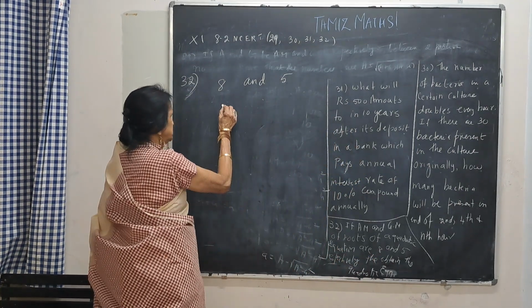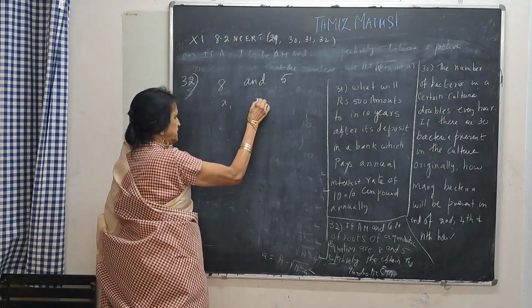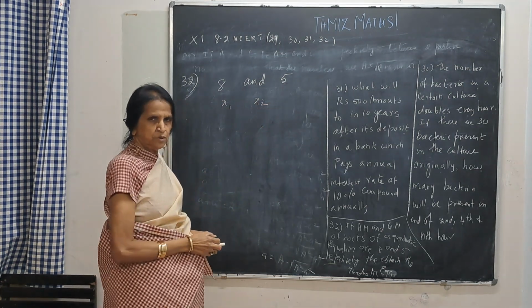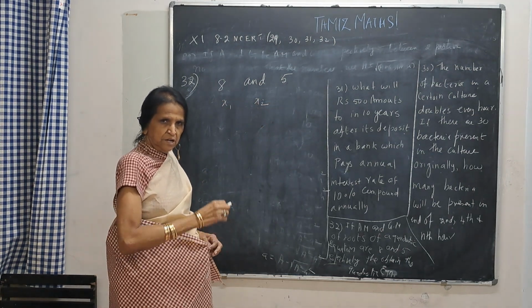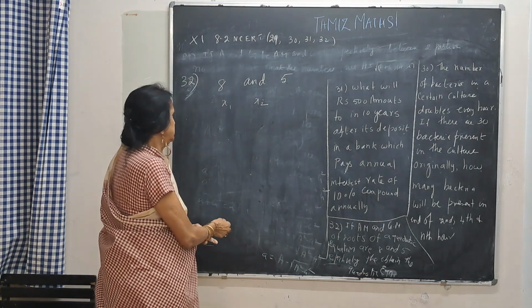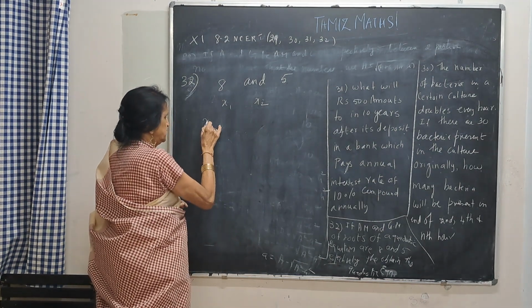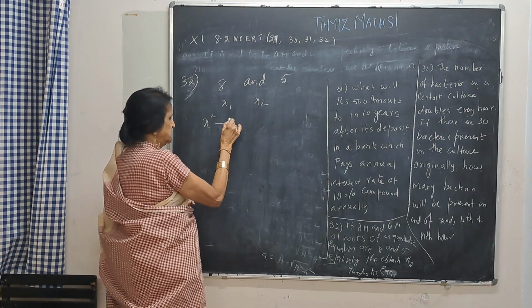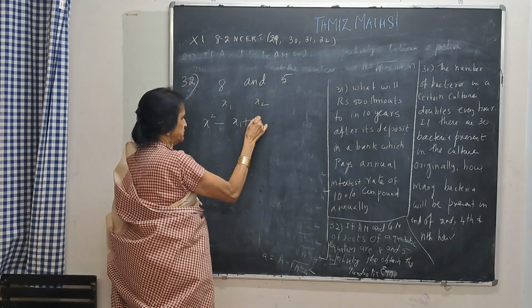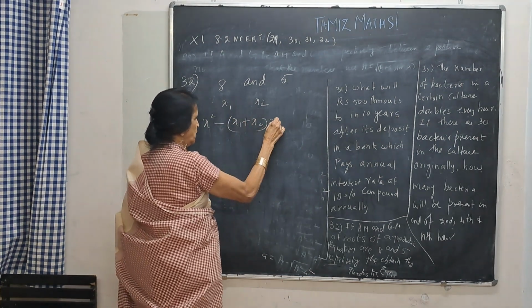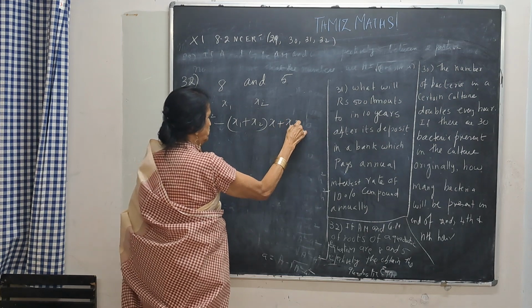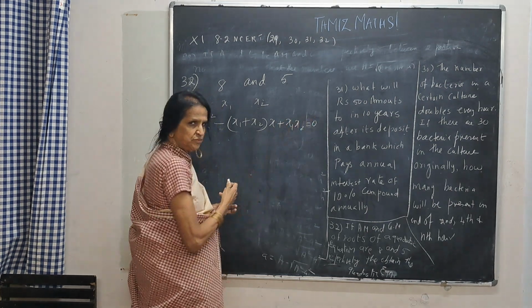Now suppose x1 and x2 are roots of a quadratic equation. The quadratic equation will be x square minus sum of the roots into x plus product of the roots equal to 0. I'm sure all of you know this.